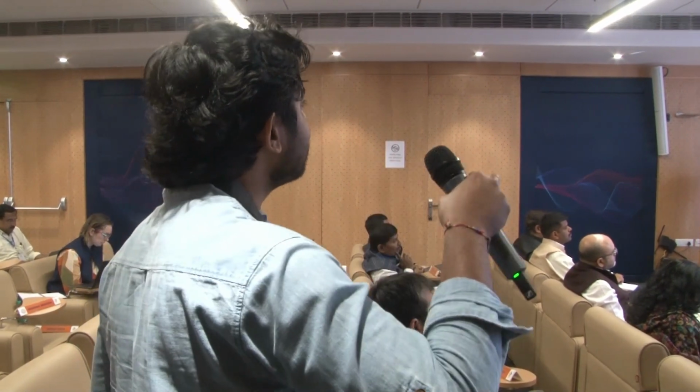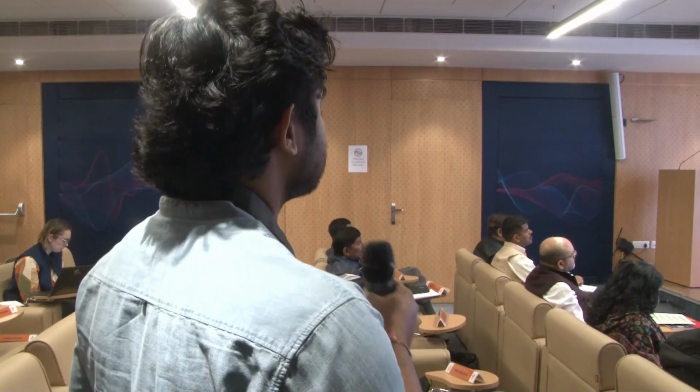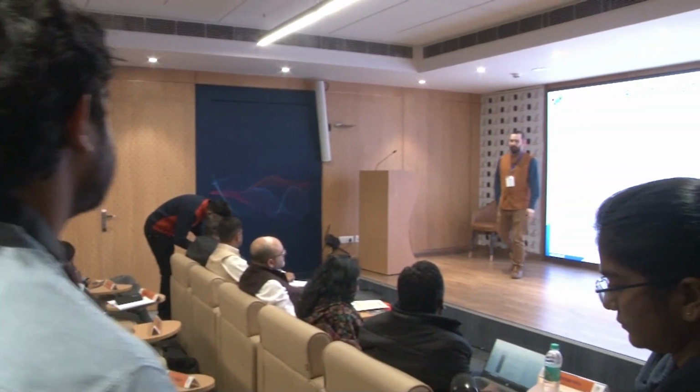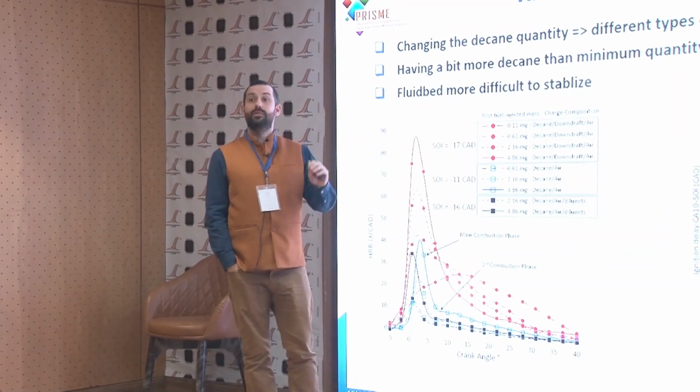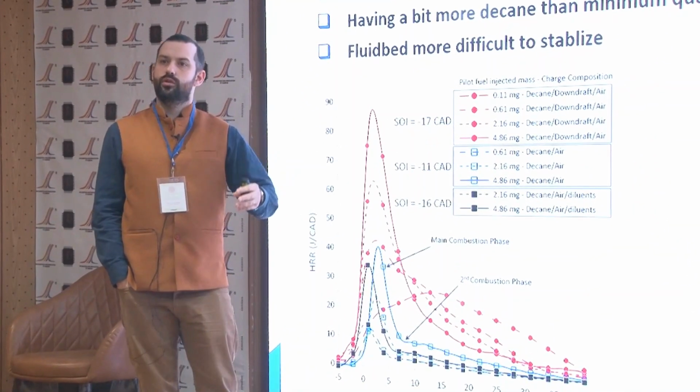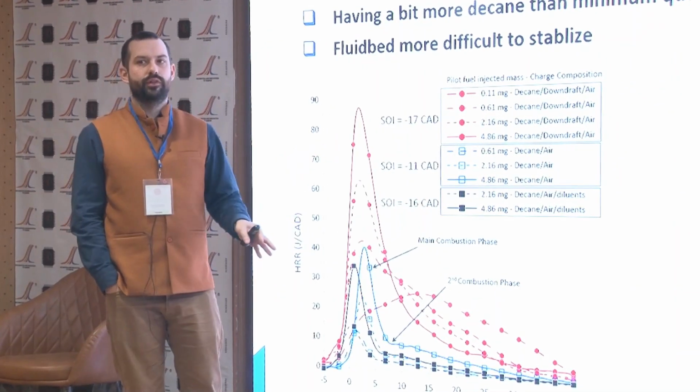I have that curve. 0.11 milligram at minus 17 was enough for igniting. So it's a very small mass, and it was able to ignite for that composition. For the others, it depends. But it's really the minimum required to ignite, and it's not the best condition.